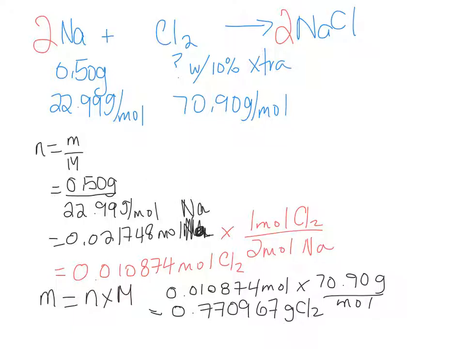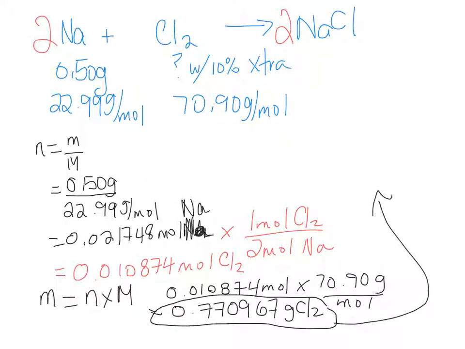So if we take this answer and times it by 1.10, we'll have the total mass including the mass of the 10% extra. So if you multiply that by 1.1, you get 0.85 grams.